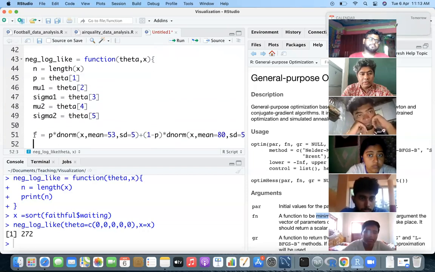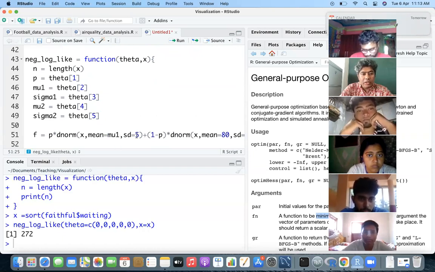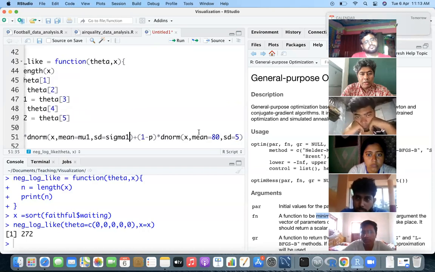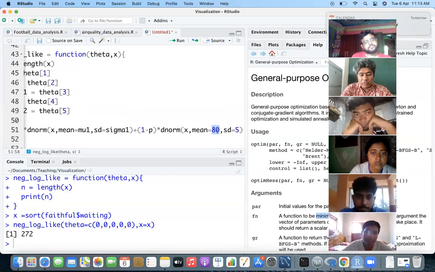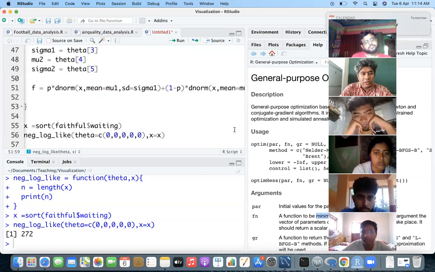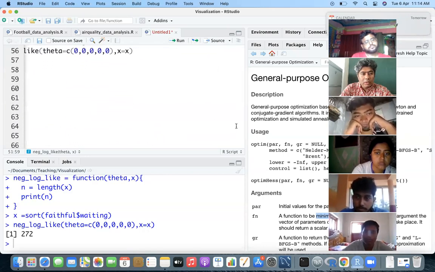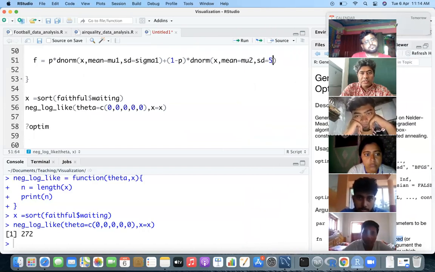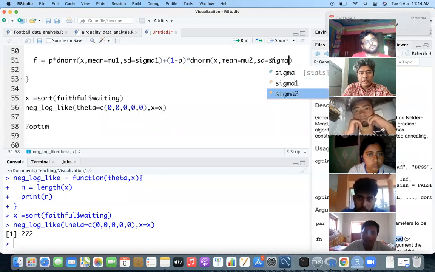Then I'm going to compute these values, but instead of mean 1, I will say mu 1. Instead of 5, I will say sigma 1. Then here I will say mu 2, and here I will say sigma 2.